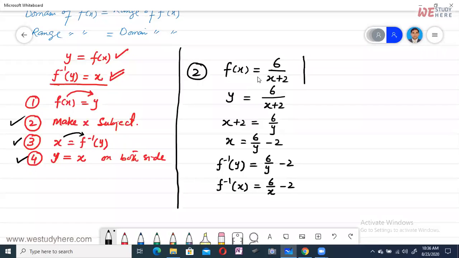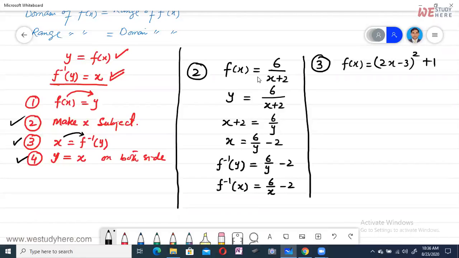Then question number 3 is, f of x is equal to 2x minus 3 whole square plus 1.